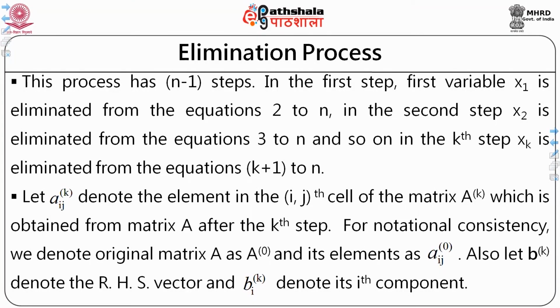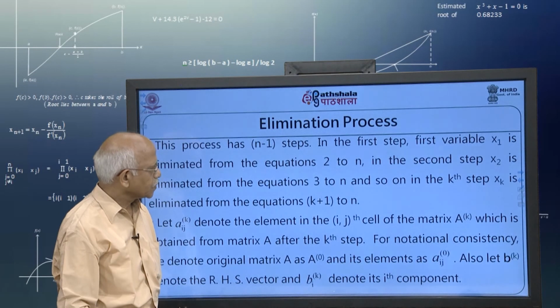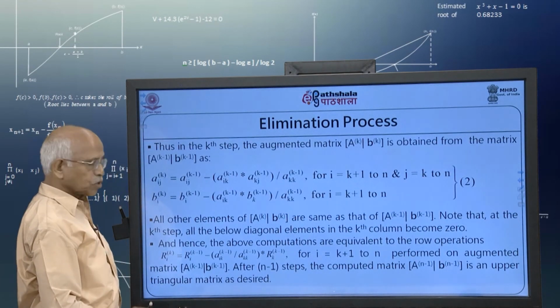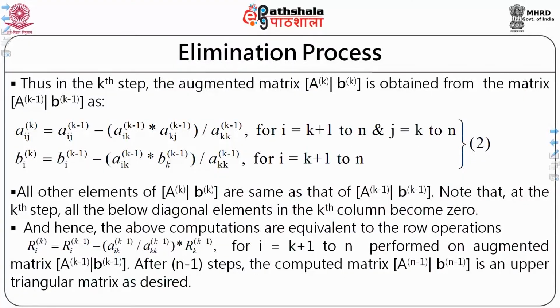So, A 0 and its elements a i j 0. Also, let b k denote the right hand side vector, and b i k denote its ith component after the kth step, because when you are applying row operations on the augmented matrix, b also changes.